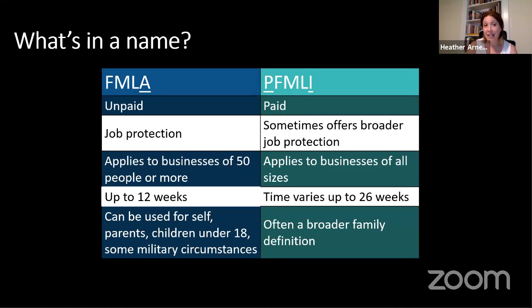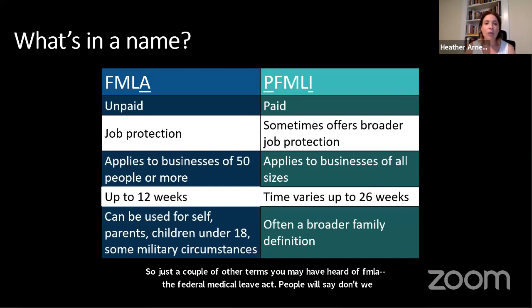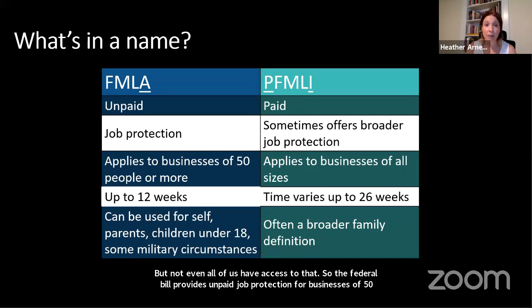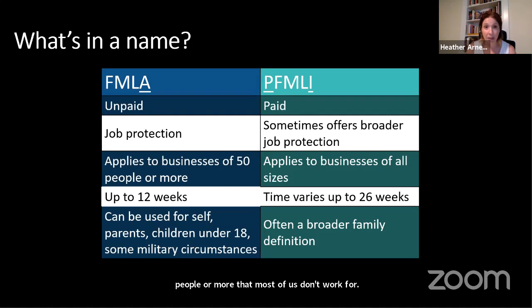We think that's kind of lousy anyway, but not even all of us have access to that. What the federal law provides is unpaid job protection, which only applies to businesses of 50 people or more, which most of us don't work for. The majority of Americans work for companies of fewer than 50 people, so the majority of Americans are not protected by FMLA anyway.